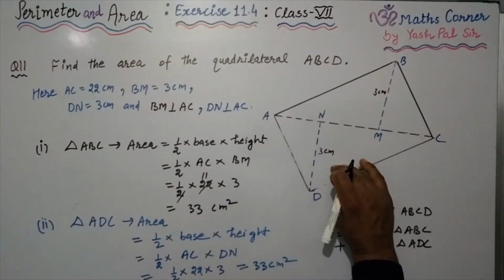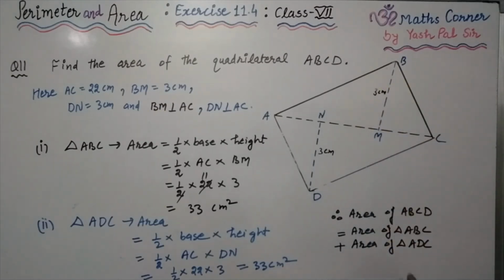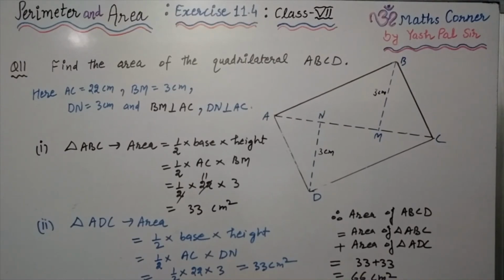These two triangles, lower and upper, together make the quadrilateral ABCD. So this is equal to 33 plus 33 equal to 66 centimeter square. So this is the final answer. That's all. Thank you.